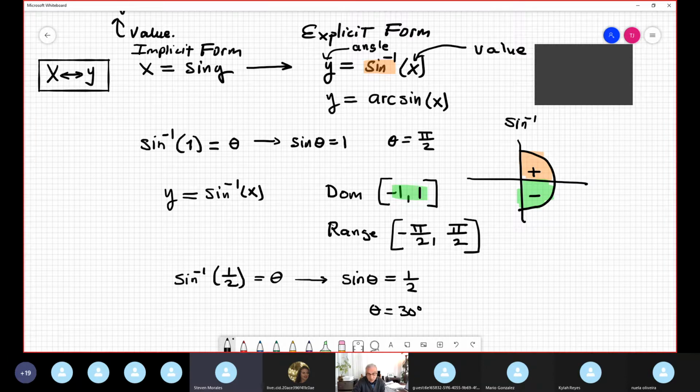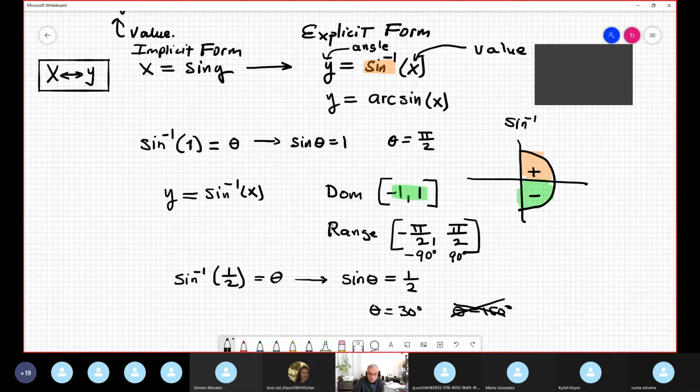But it's also 150 degrees, right? Because in the second quadrant, sine 150 is 1/2 again. But this answer is not allowed because my range is bounded between negative 90 degrees and positive 90 degrees.